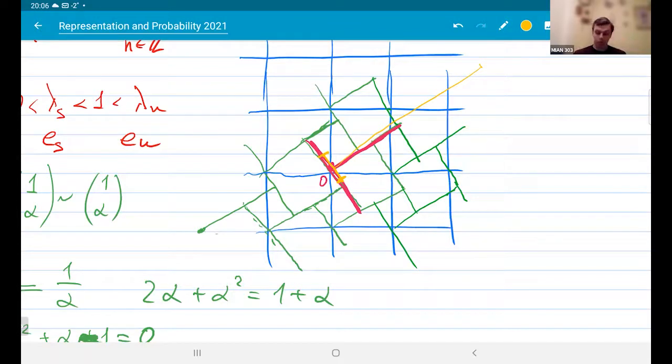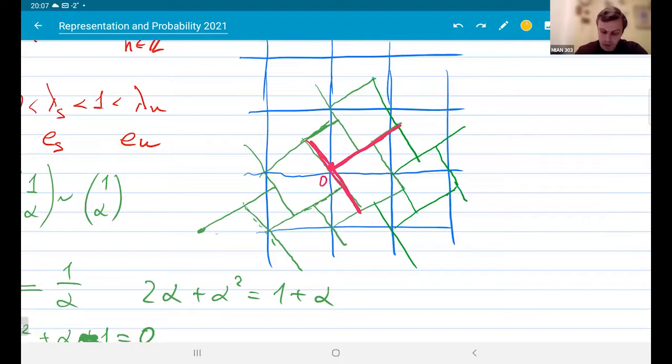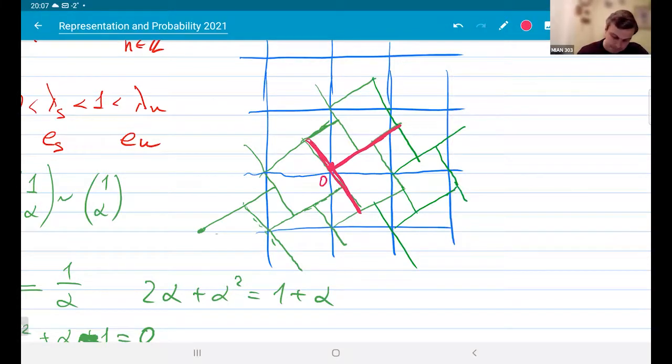Давайте я попробую это сделать, а вы можете дома про это подумать, нарисовав то же самое на клетчатой бумаге побольше и поровнее. Смотрите, давайте построим образ вот этого квадратика.